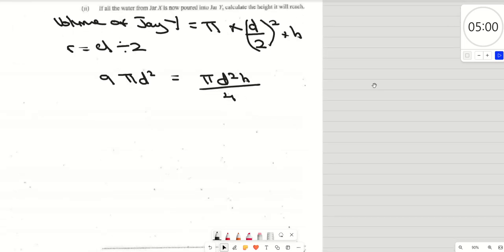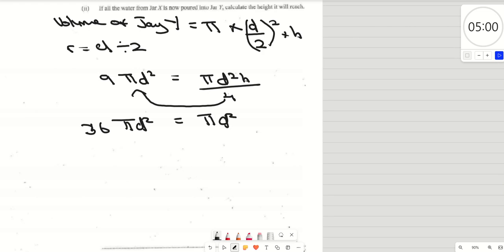Now you want to make h the subject of the formula. You carry across, divide by 4, you have to multiply by 4. That's 4 by 9 is 36, so 36 pi D squared is equal to pi D squared h.